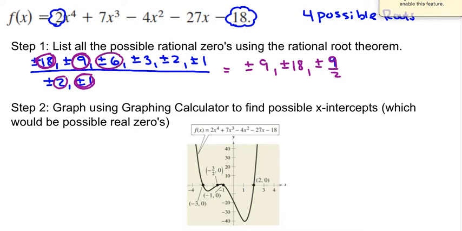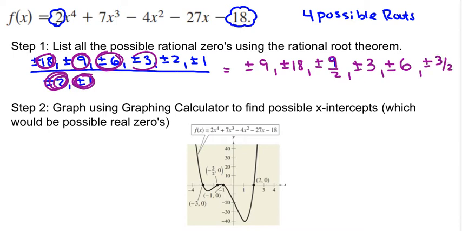And then 6 over 2, which is 3. And then 6 over 1, which is 6. And then 3 over 2, 3 halves. And then 3 over 1, which is already up there.